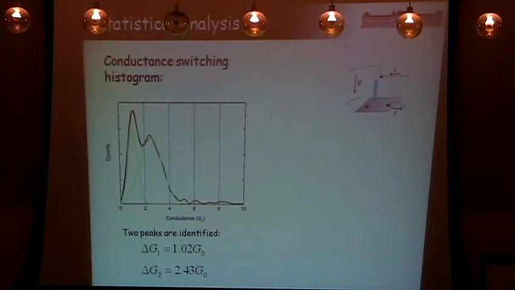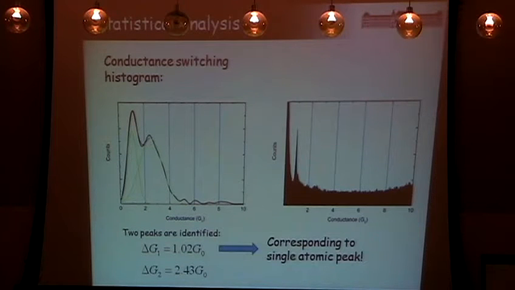The first peak is at around 1.02 G0, and the second one is rather larger, at 2.4 G0. The main point is that this first peak is in good correspondence with the single atomic conductance from our push-pull histogram, which means that these two conductance values are really in good coincidence.